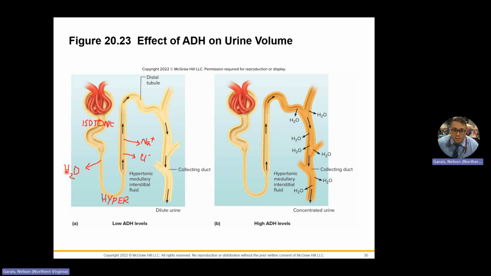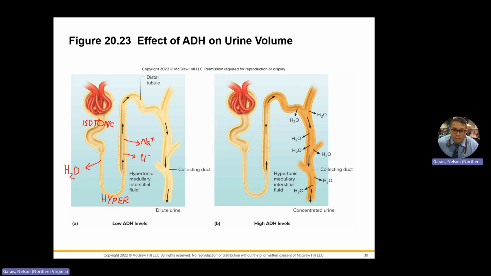So it can either take a whole bunch of water in because of antidiuretic hormone, or take the water out to make super concentrated urine, or I don't take a lot of water or sodium out, and I can dilute the urine. So that's the function of this.